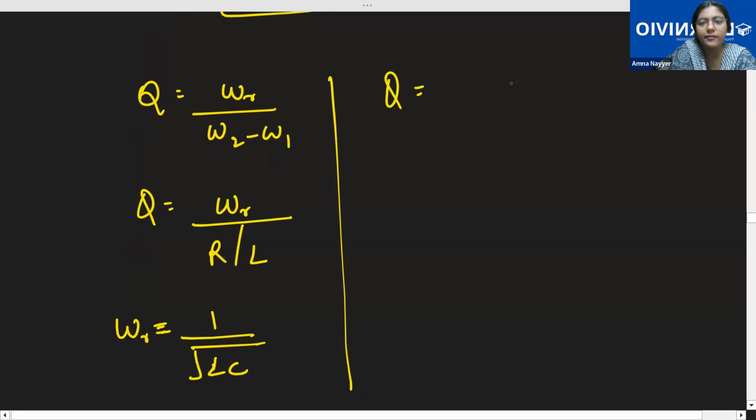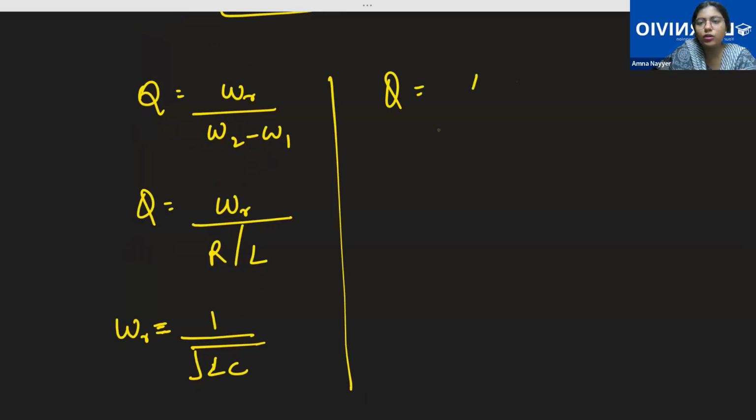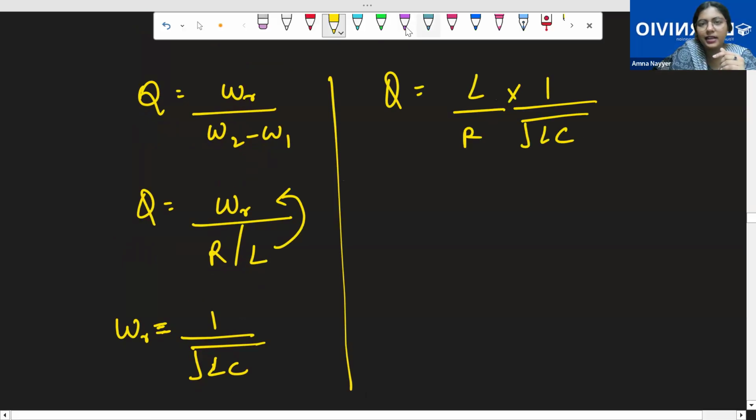So this L goes up. L by R into resonant frequency will be under root 1 by LC. See, two L's are coming. Let's rationalize it.